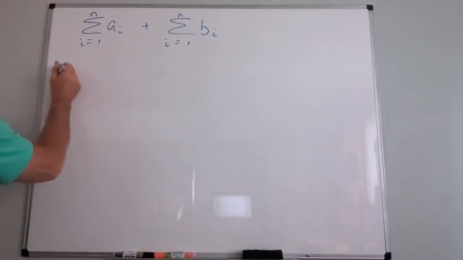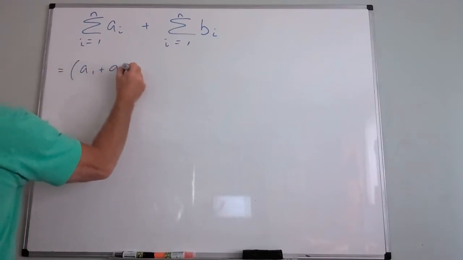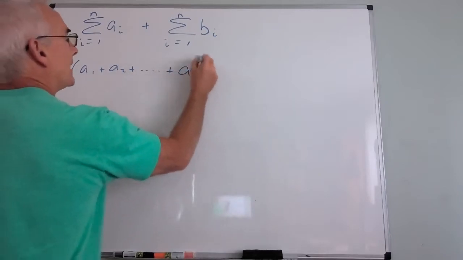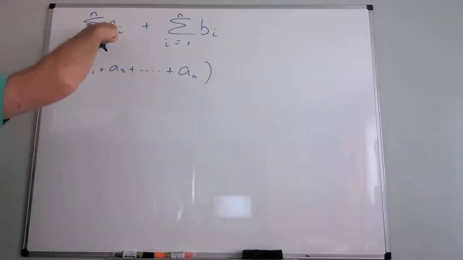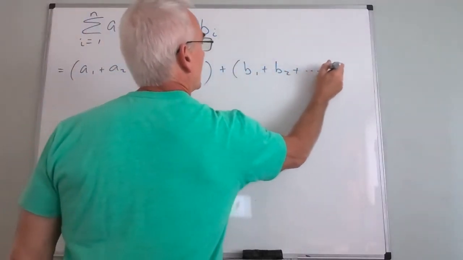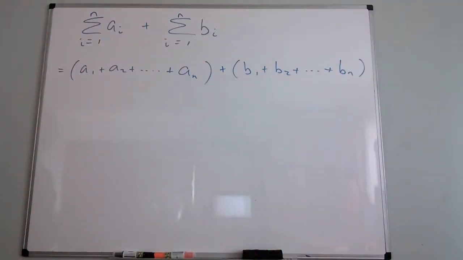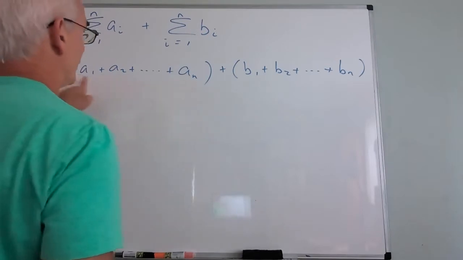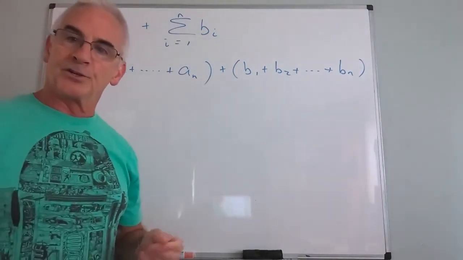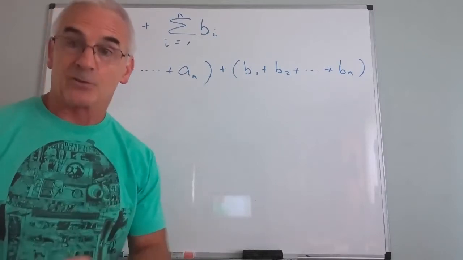Okay, so let's write it out. In the first case, it's going to be a1 plus a2 all the way up to a sub n. So that's a simple way of describing this. The second one's going to be b1 plus b2 all the way up to b sub n. So I have two finite sums, and I just want to add them together now. It's a fairly simple thing, but these are real numbers, and we know real number addition is both commutative and associative, meaning I can rearrange and I can regroup.